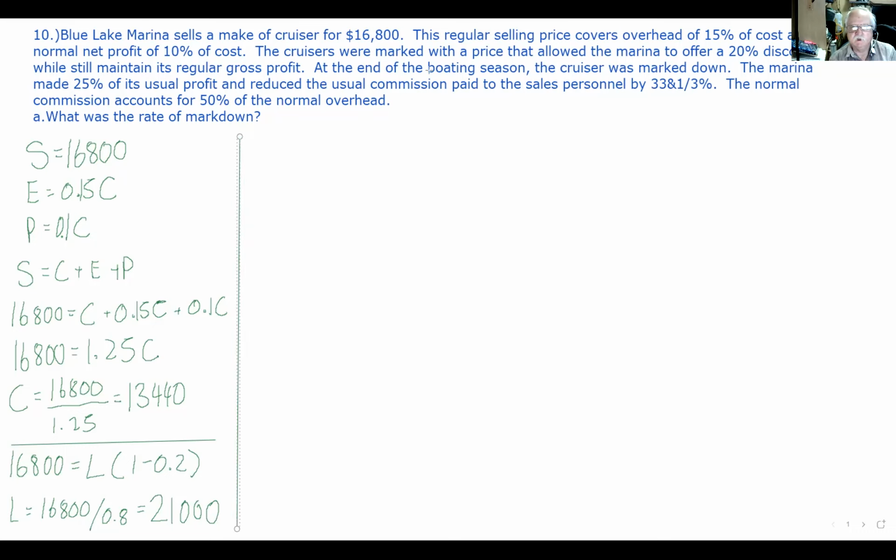So at the end of the boating season, the cruiser was marked down. The marina made 25% of its usual profit. So let's figure that out again, just like we had to in the other one. Profit equals, what was profit? 0.1 times cost, which is 0.1 times 13440.